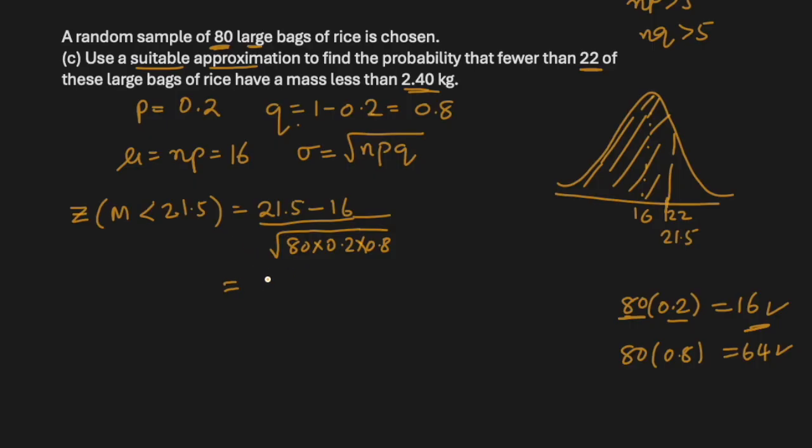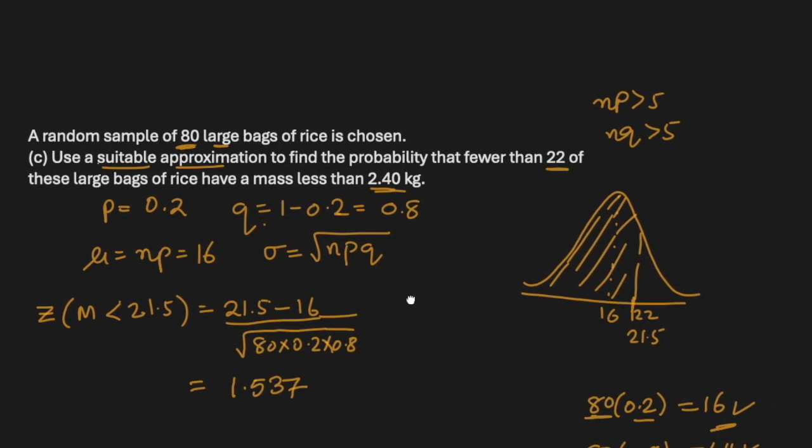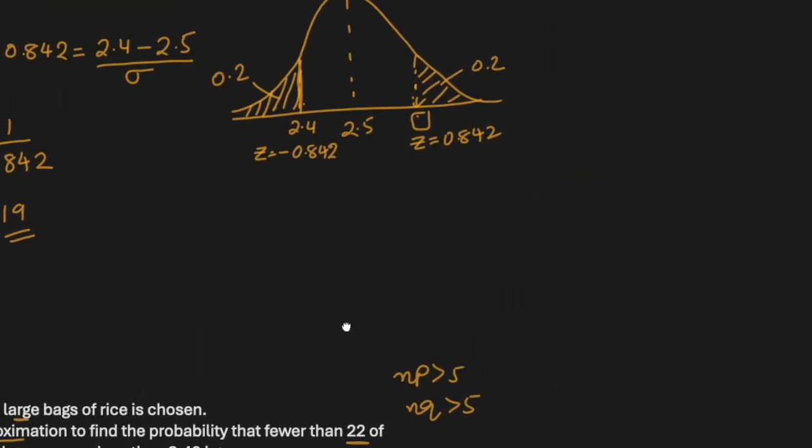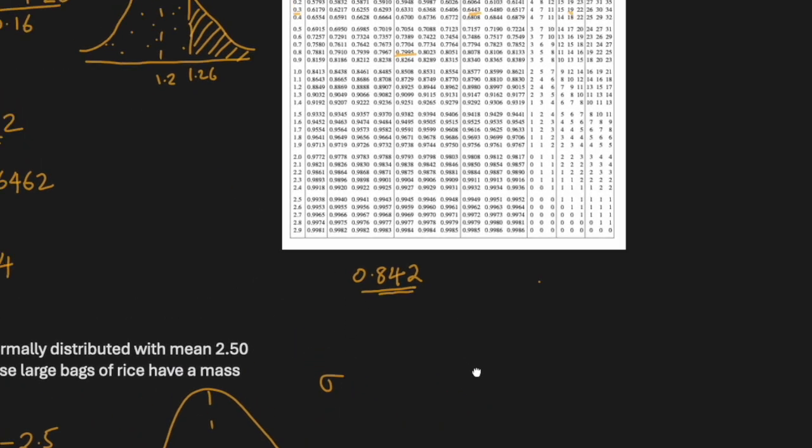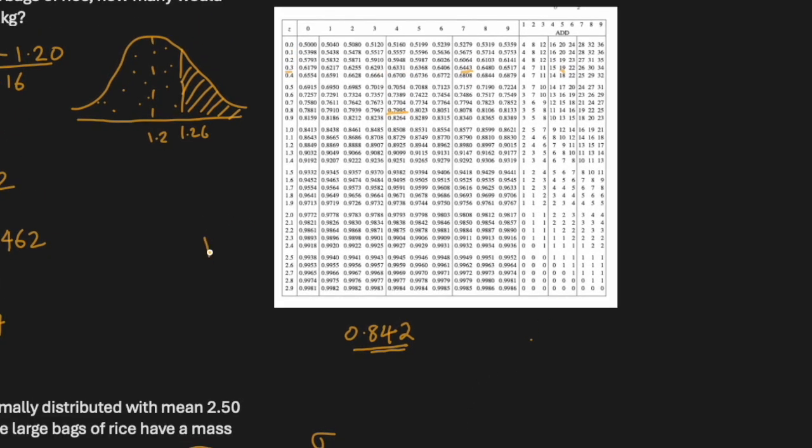What I'm getting here is 1.537. This is what I'm getting. So let me look for positive 1.537 in the table. So 1.5 is here. 3 is 9370, and 7 will be 8. Yeah, that's the seventh line.